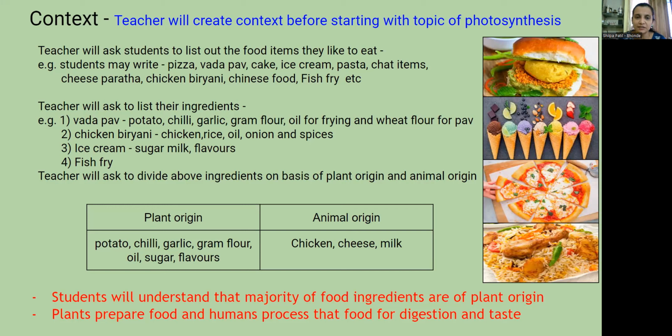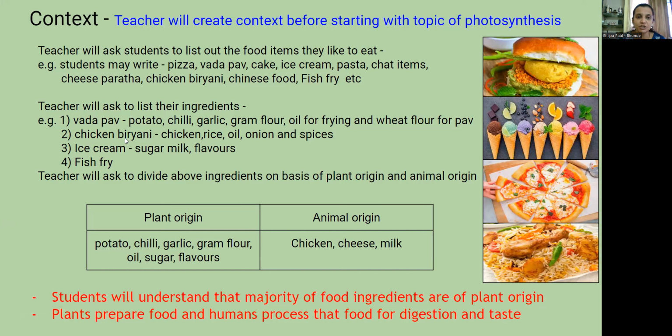After this list, the teacher will ask students to list out the ingredients of the food items which they like. If a particular student is writing vada pav, what could be the ingredients? Of course, it will be potato, chili, garlic, gram flour, oil, and wheat for preparation of bread.